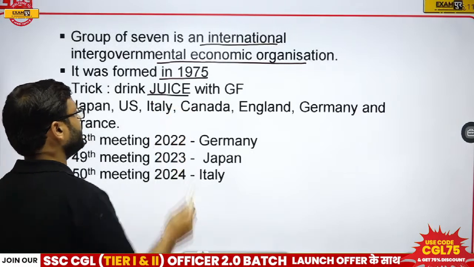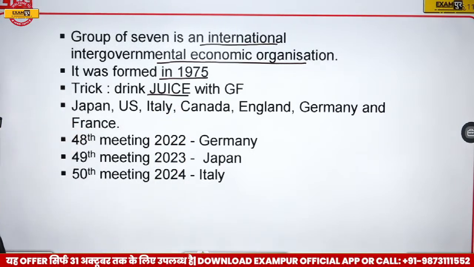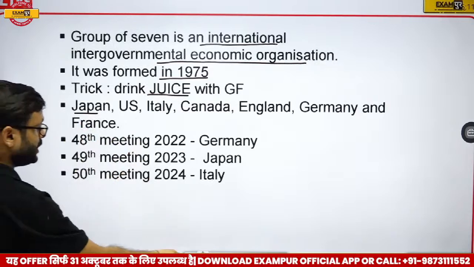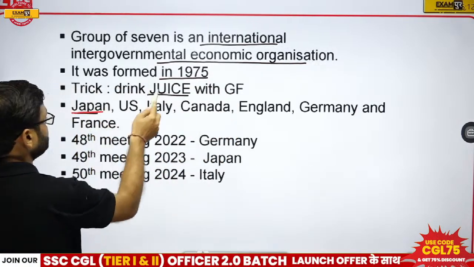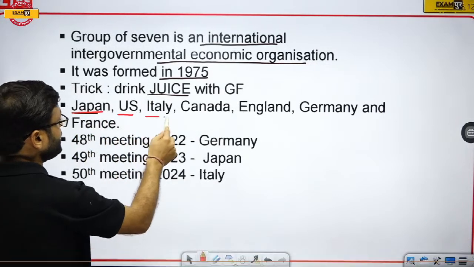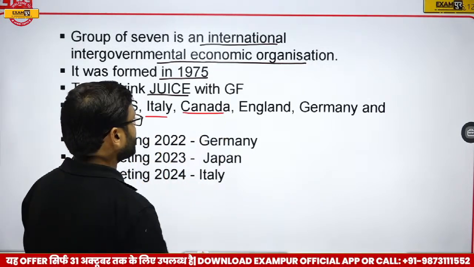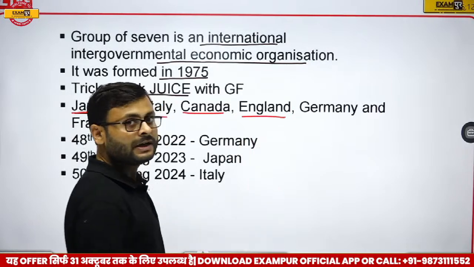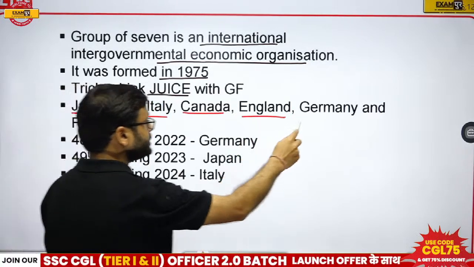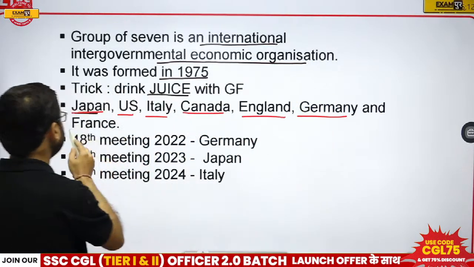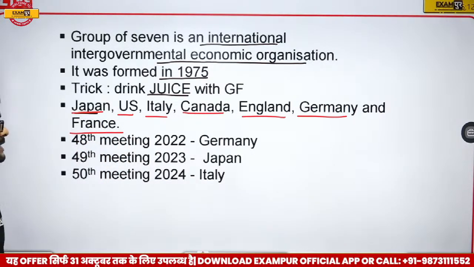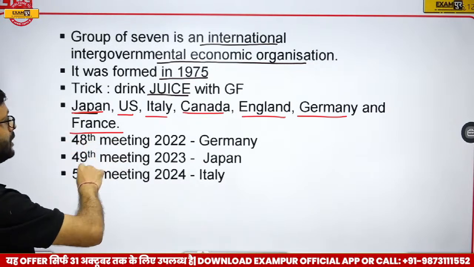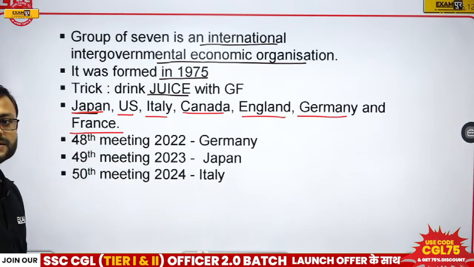J for Japan, U for US, I for Italy, C for Canada, E for England, G for Germany, and F for France.